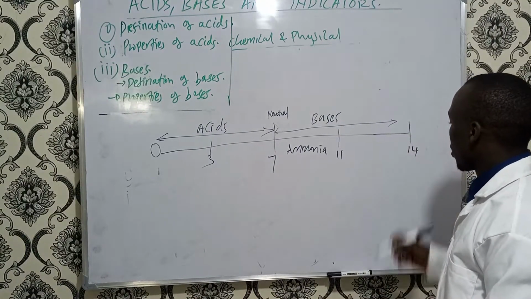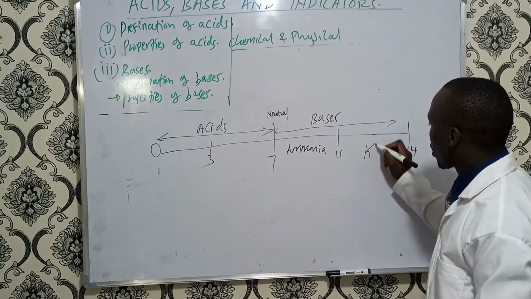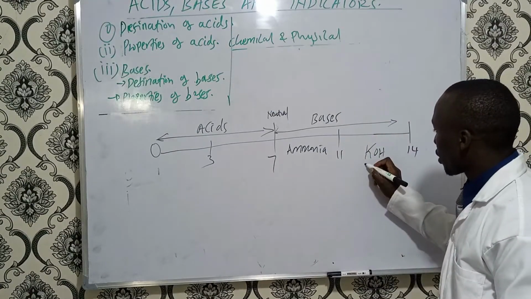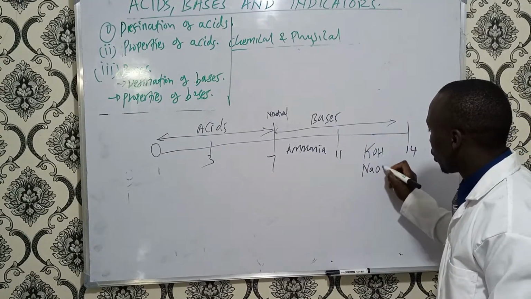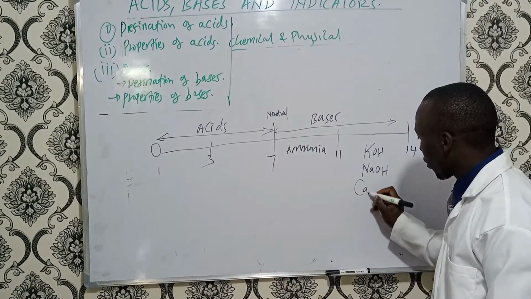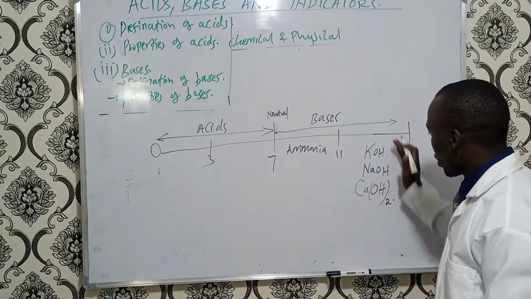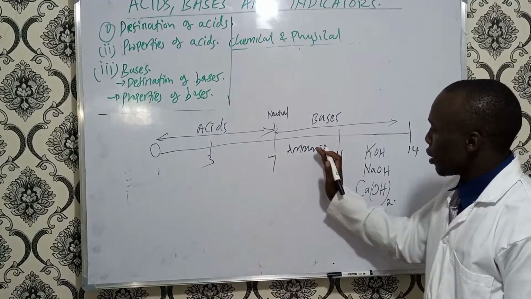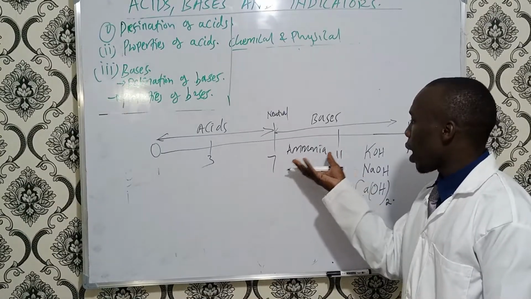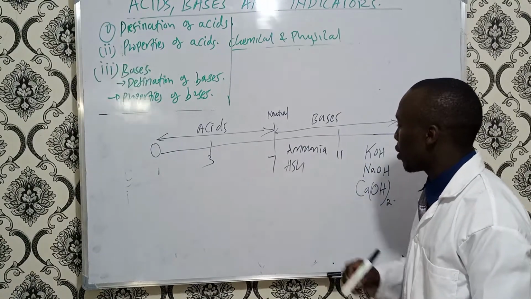For strong bases, we have examples of potassium hydroxide, that is KOH. We have sodium hydroxide, that is NaOH, and similarly calcium hydroxide, which is partially soluble in water. So these are strong bases, these are weak bases. So we have ammonia, and we have ash, which is also another example of a weak base.